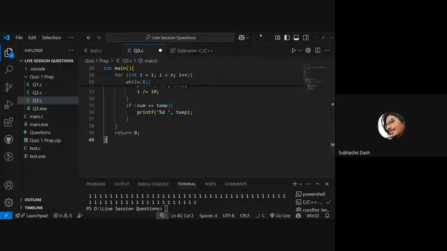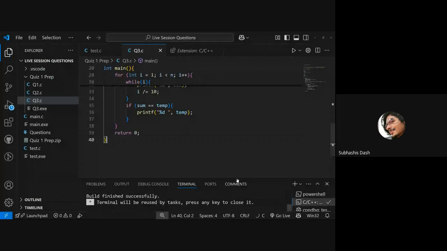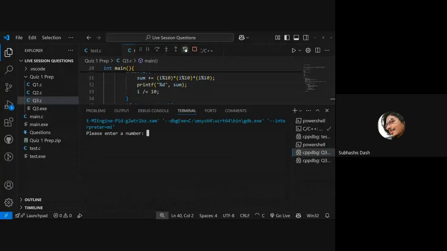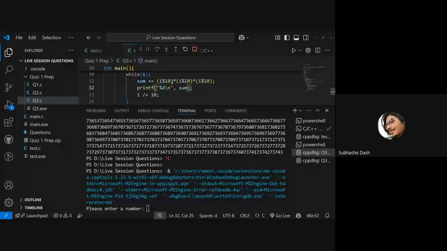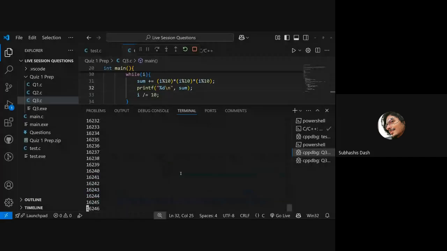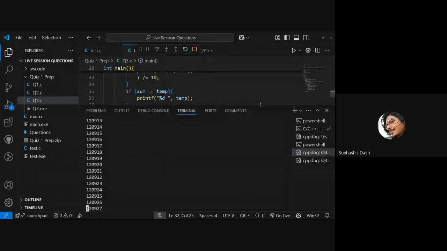If we were to just try this over here, it just keeps going like that. Okay, so it just keeps on incrementing for some reason. So why is this not working?